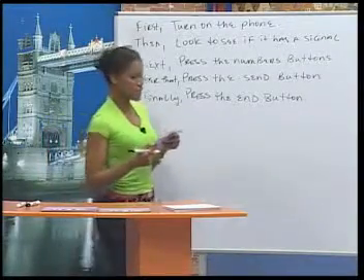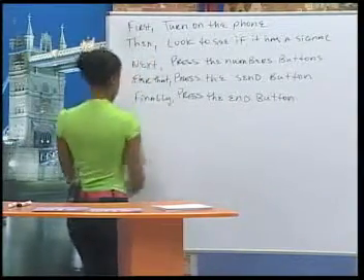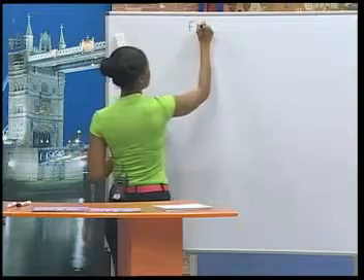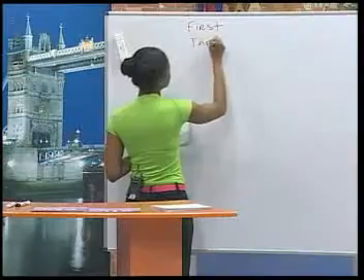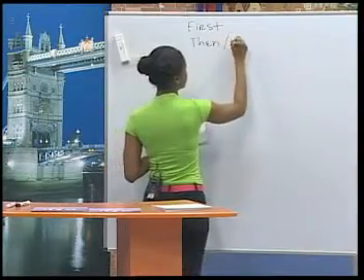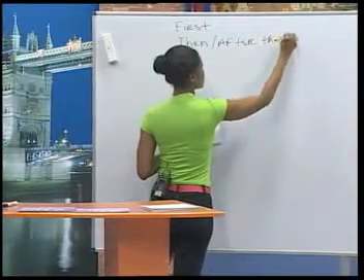Sylvia, can you tell us what sequence word is first? Yes, we use the word first for the first instruction. The second instruction can be then, after that, or next. Okay. So we have first. Second one is what? Then, after that, or next. Good.